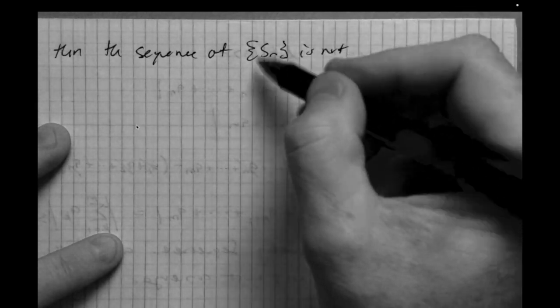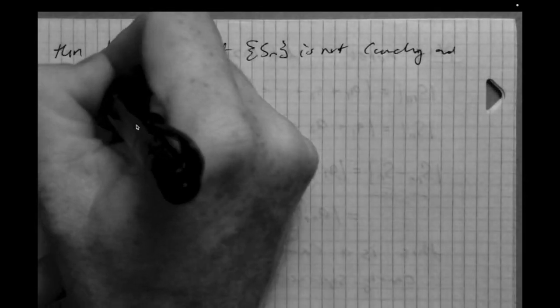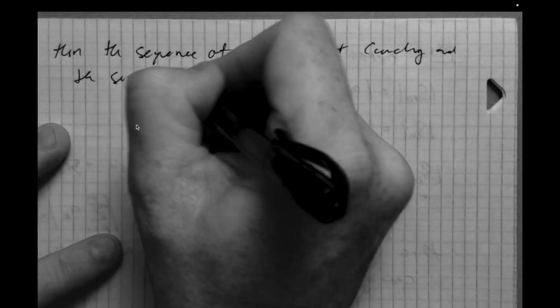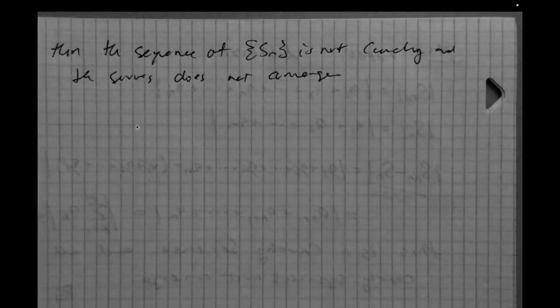The sequence of nth partial sums is not Cauchy, and the series does not converge. So it's a very clever way to show this. In order for the series to converge, the sequence of nth partial sums has to be Cauchy, and these are not.